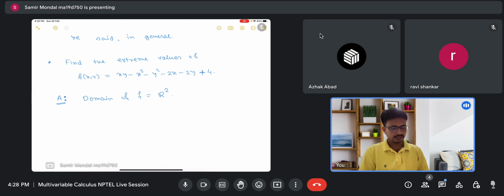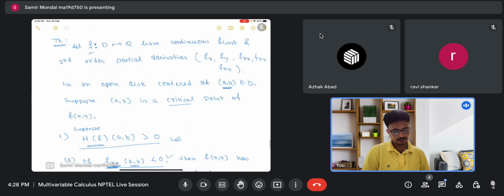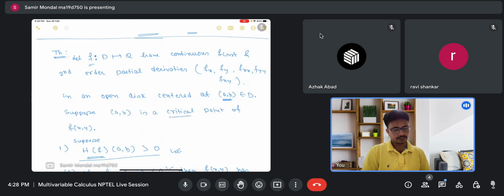We can check, because this is nothing but a polynomial of two variables, so all partial derivatives exist and are continuous. The condition of this theorem is satisfied.